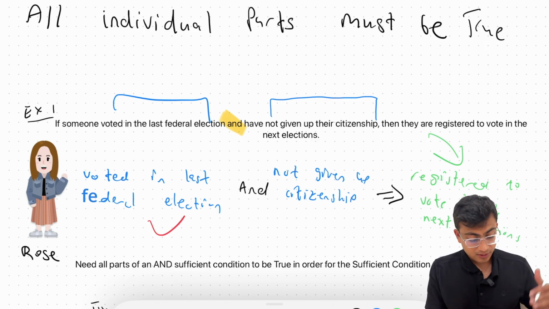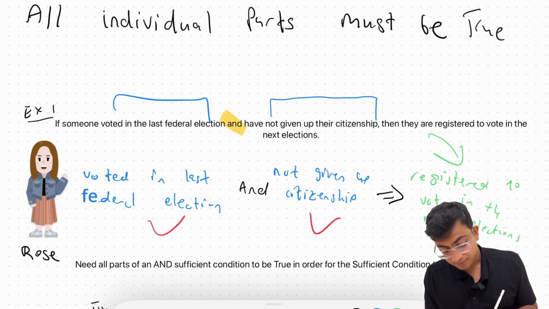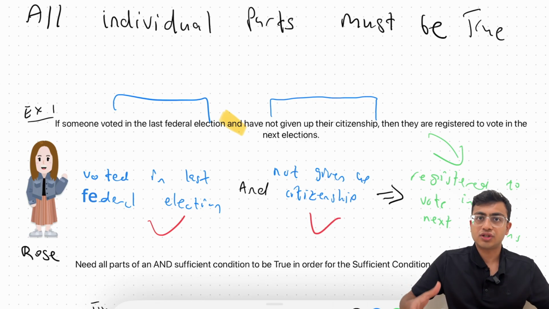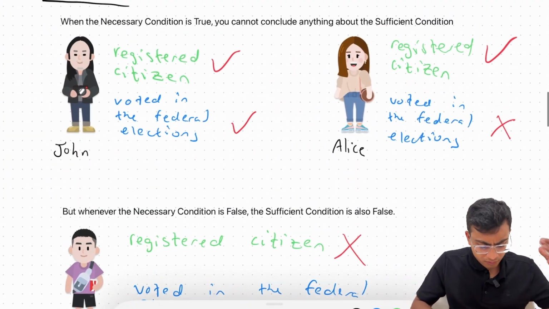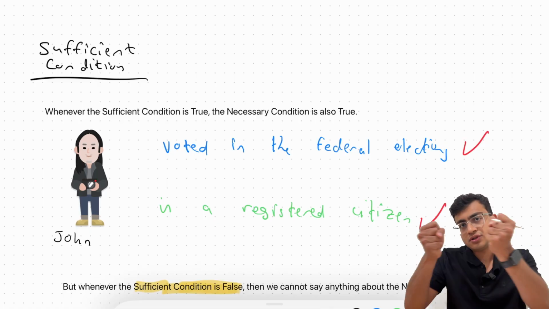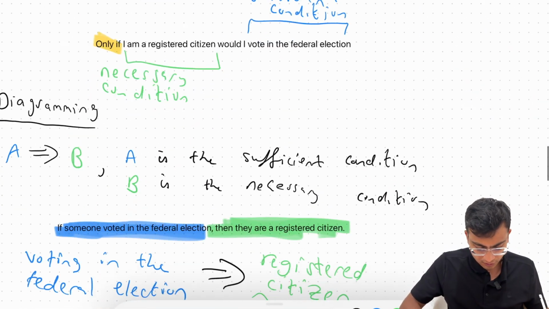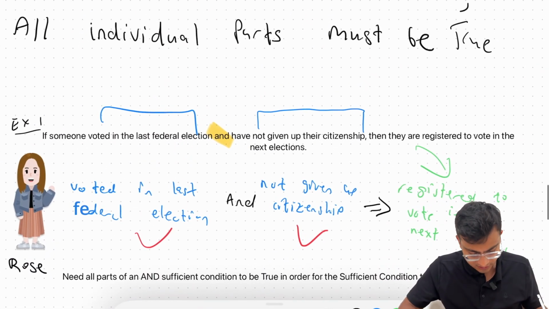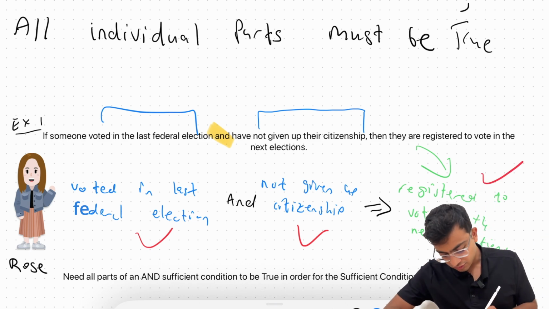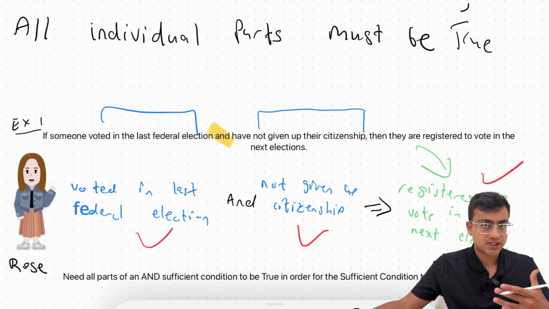But if she comes and tells you, hey, I voted in the last federal elections and I have not given up my citizenship, then the sufficient condition is true, and we have our original rule that we learned all the way here, that whenever the sufficient condition is true, the necessary condition is also true. So in this case, if Rose comes and tells you that, hey, both of these are true, the sufficient condition is true, and then you can conclude something about the necessary condition.